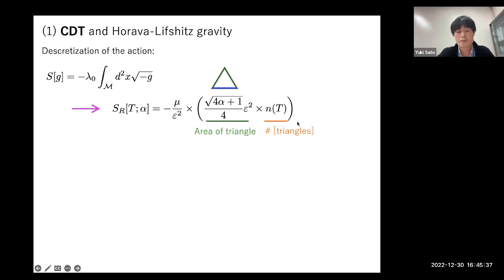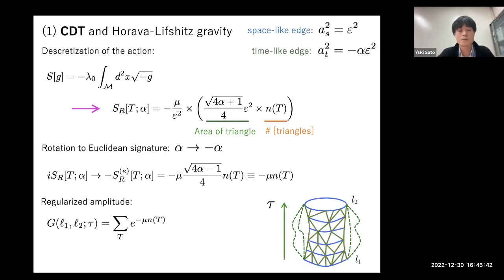And then to compute the path integral, usually we perform a rotation to the Euclidean signature. But this can be done very easily. Please look at these 2 equations. If you replace this alpha by the minus alpha, then you get the Euclidean signature. So this Lorentzian action becomes the Euclidean one, like this.